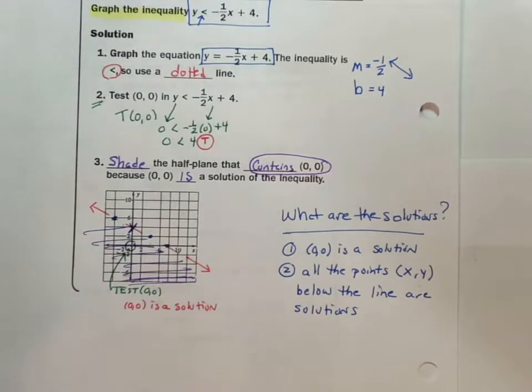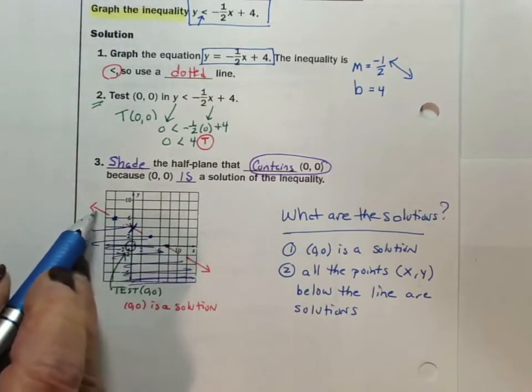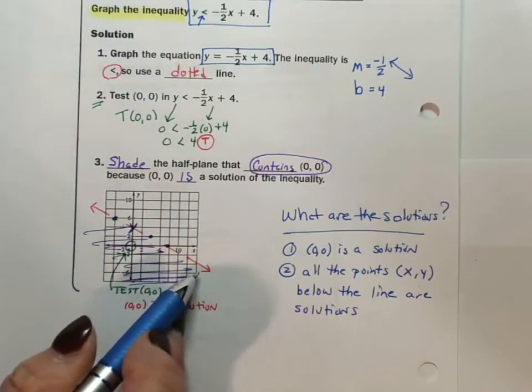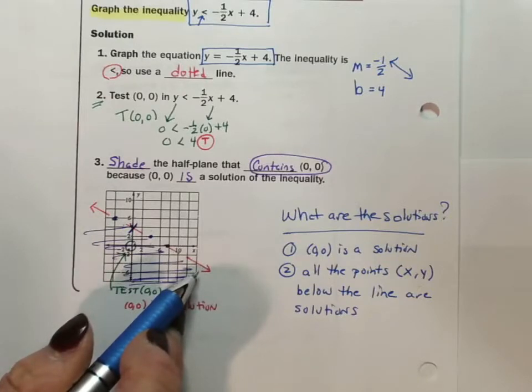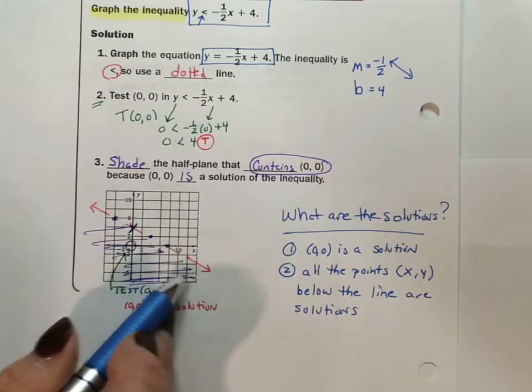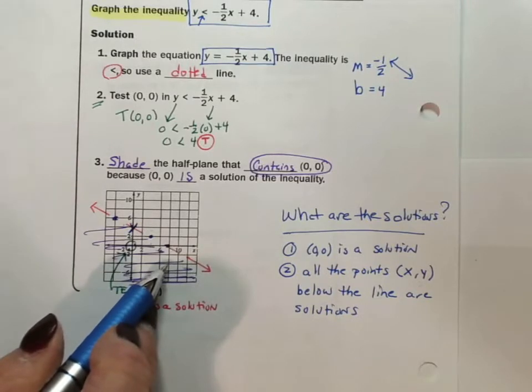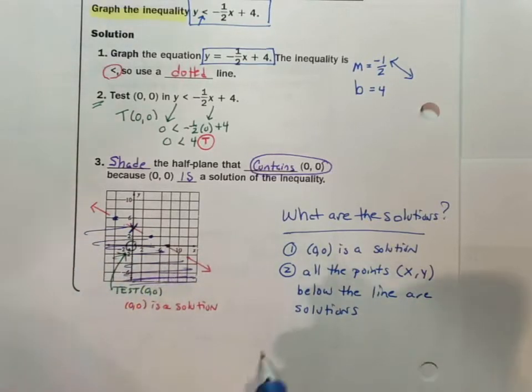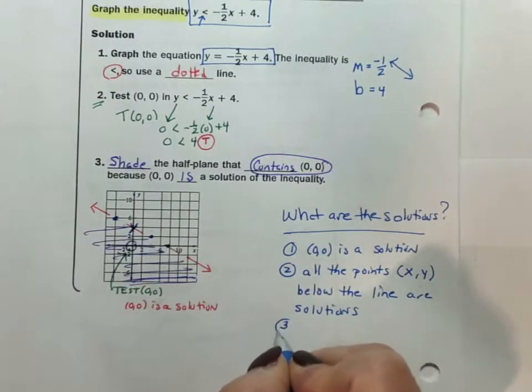And finally, you have to ask yourself, are the points on this line solutions? What do you think? Are they solutions or not solutions? It's a dotted line. 3.